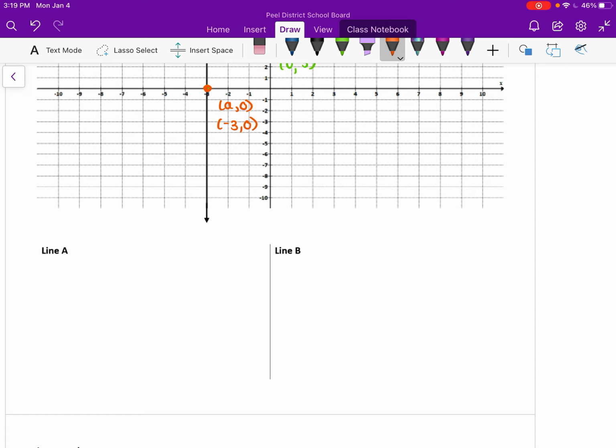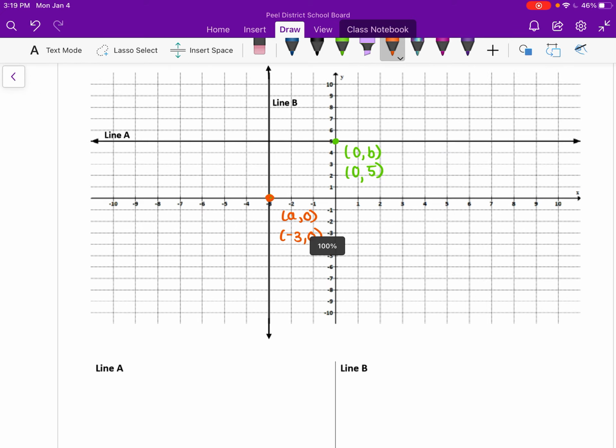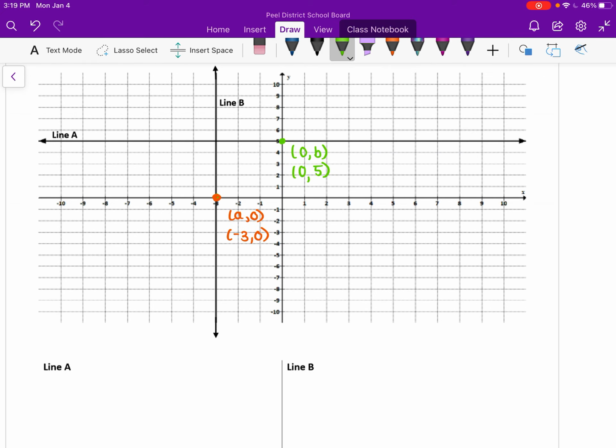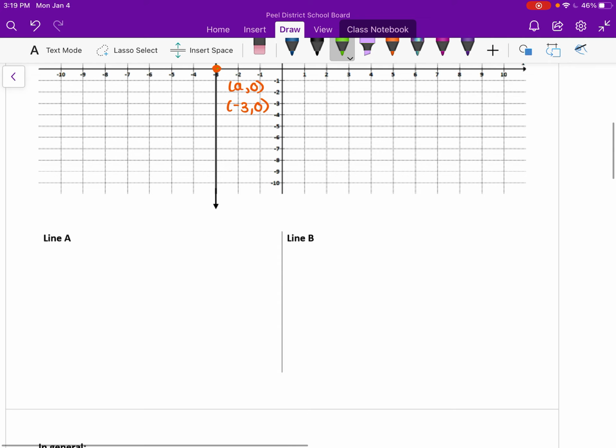One thing I'd like to note here: for the horizontal line that was done in green, just look at it. The slope is going to be 0. So if I have y equals mx plus b, I can start plugging stuff in.